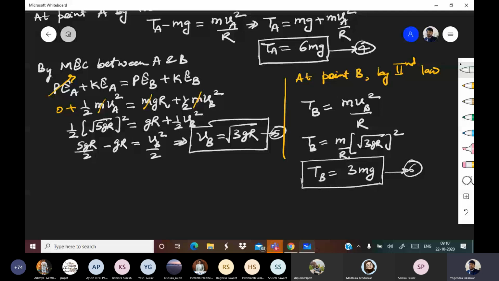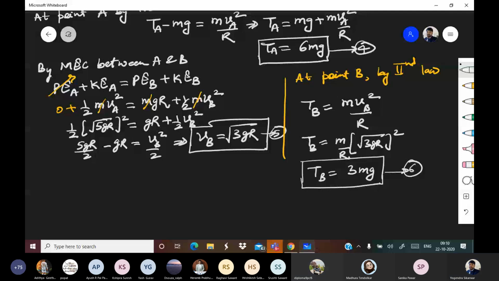Amod is saying, sir, it is same as that of point B. Aradhya is saying same. Aradhya, how is it same? Because the object is at the same height now, so it is at R.